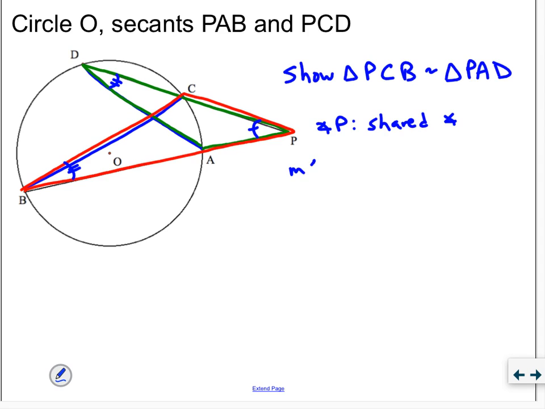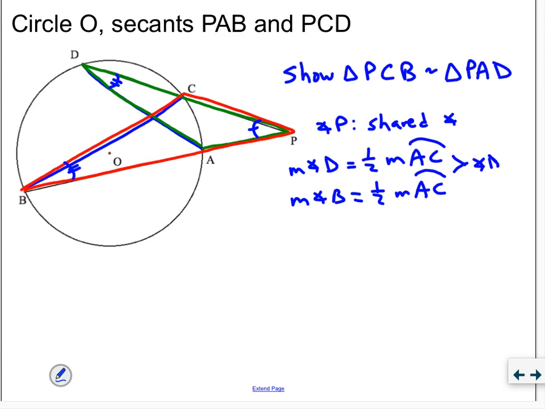So since the measure of angle D is 1/2 the measure of arc AC, and the same with the measure of angle B, they're both inscribed in the same arc. So therefore, angle D is congruent to angle B. By my third angle conjecture, the other angles are congruent. So that tells me that triangle PCB is similar to triangle PAD.